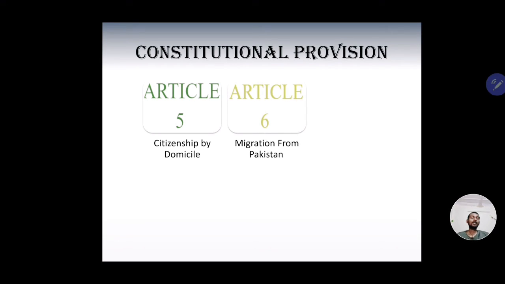Now the next is Article 6. It talks about migration of people from Pakistan to India. Now here it defines people who were born in India, people whose parents were born in India, or whose grandparents were born in India. Okay. What India?